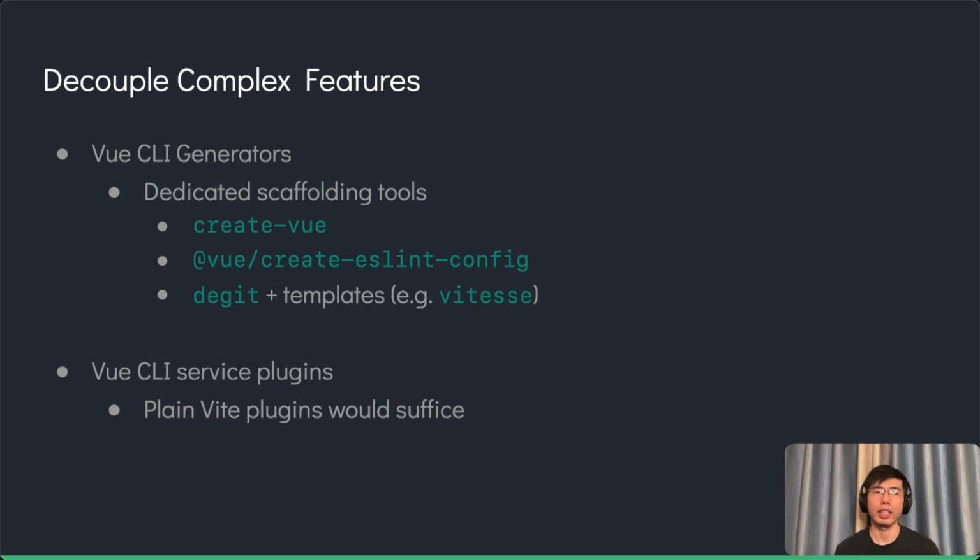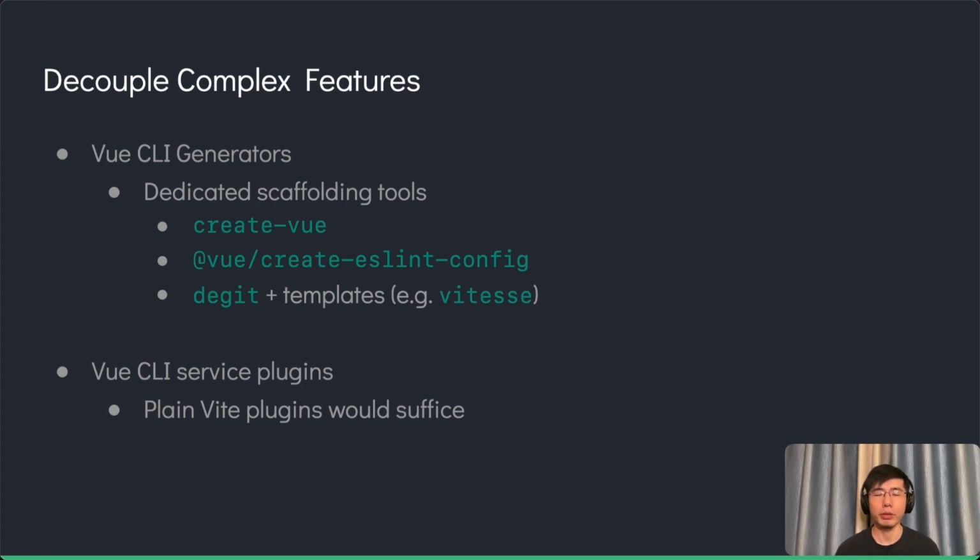Now that we are creating new tools, we decided to create dedicated scaffolding tools for each of these use cases. We have create-vue, which has all the basic necessities for a Vue project.